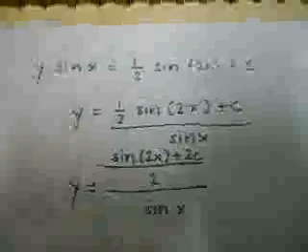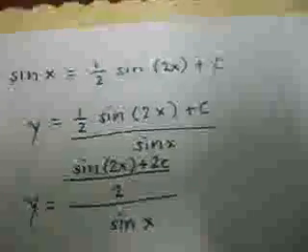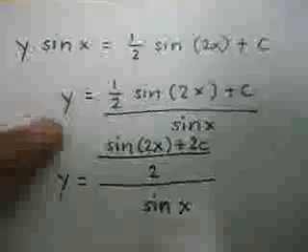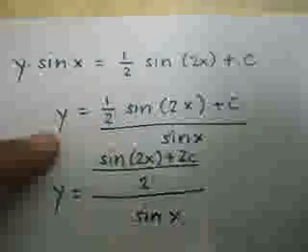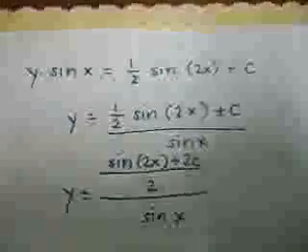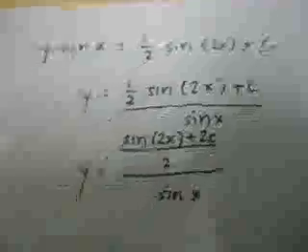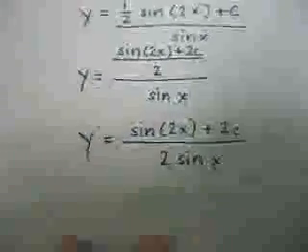Okay, so first I manipulated the equation so that y is equal to 1/2 sine of 2x plus c over sine of x. So I just divided both sides by sine of x, and simplifying that further, I got this equation. I hope that's simple enough. And then we have y is equal to sine of 2x plus 2c over 2 sine of x.